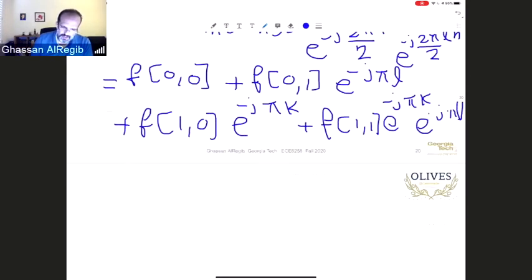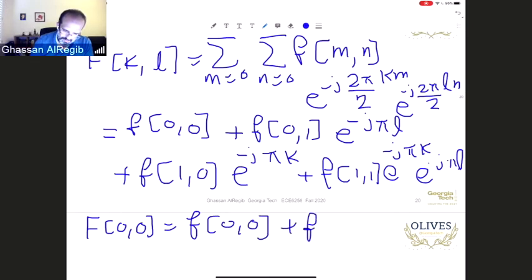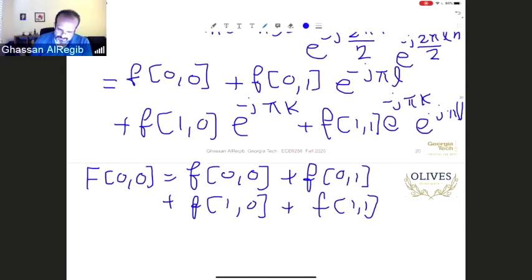Okay. So now you can start to calculate what is really F of 0 and 0. Basically, what you will have is l and k, both of them are zeros. So you will have F of 0 and 0 is f of 0 and 0 plus f of 0 and 1 plus f of 1 and 0 plus f of 1 and 1, because k and l, both of them are zeros.